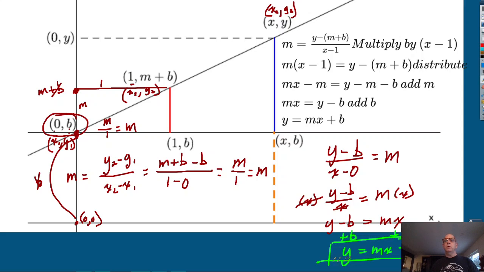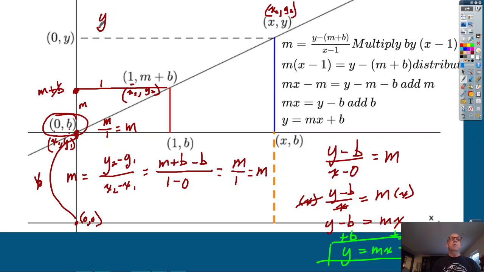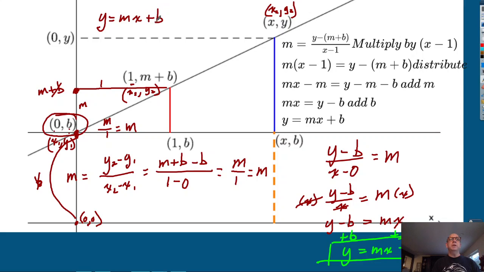So this is what we call the slope-intercept form of a linear equation. y equals mx plus b. m is our slope, and b is right here, this point where the line crosses the y-axis, and that is called the y-intercept.